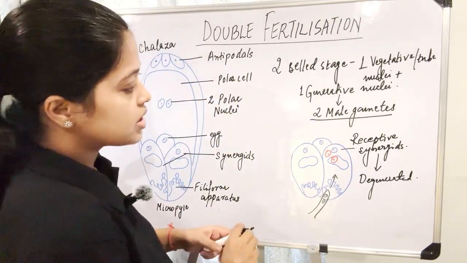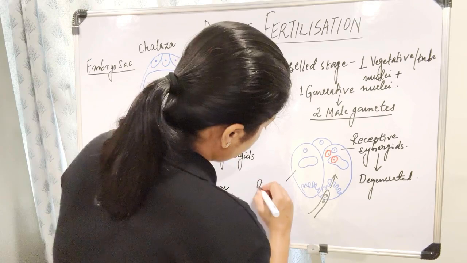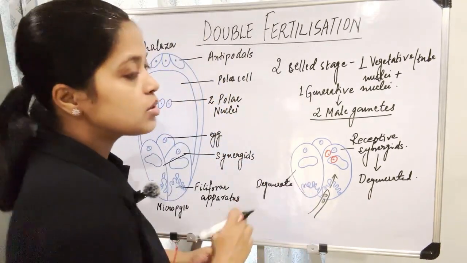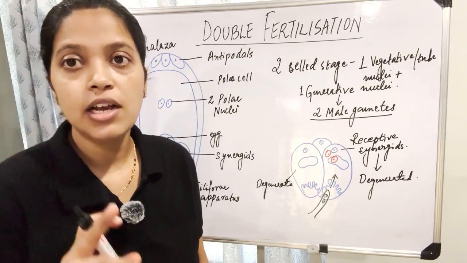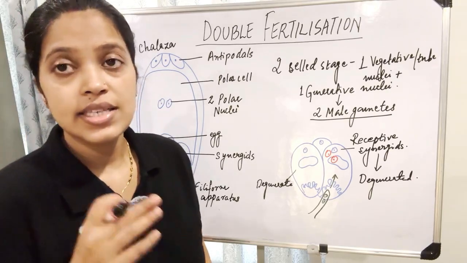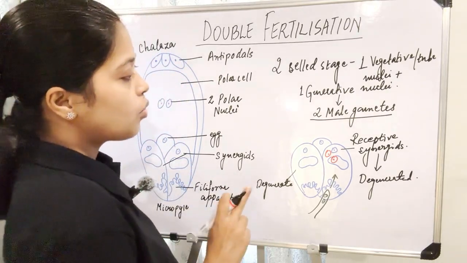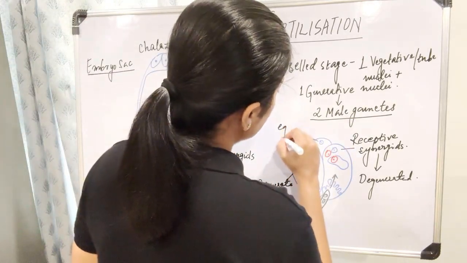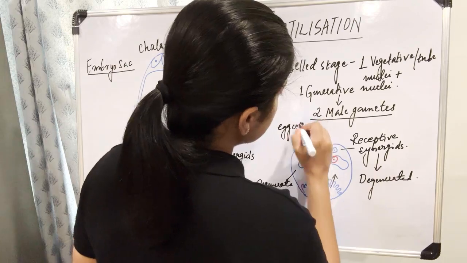Soon the other synergid also degenerates. Why? Because this ensures that only a single pollen tube enters the embryo sac. Now what is left is only the egg cell.